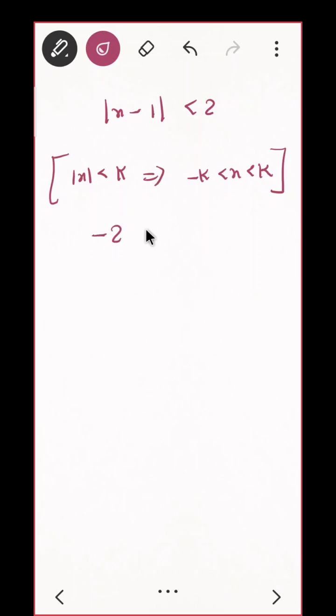This will become minus 2 is less than x minus 1, that is less than 2. What next? Add plus 1 to everything. So this will be 1 minus 2, that is minus 1, less than x, and this is less than 3. Is that clear, everyone? So what is the interval? Open interval minus 1 to 3.